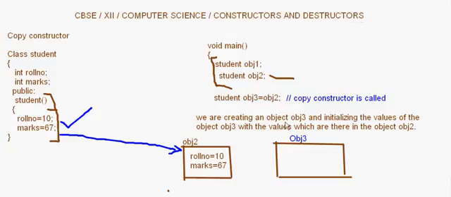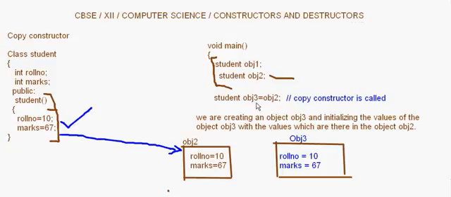That is the concept of a copy constructor. So when we do this, obj3 will also get the roll number is equal to 10 and marks is equal to 67, like this, right? Now here we have written student obj3 is equal to obj2 inside the main method. This is just calling the copy constructor.